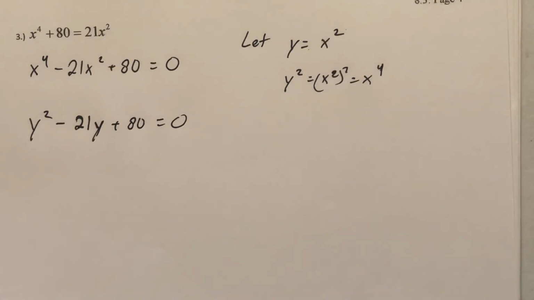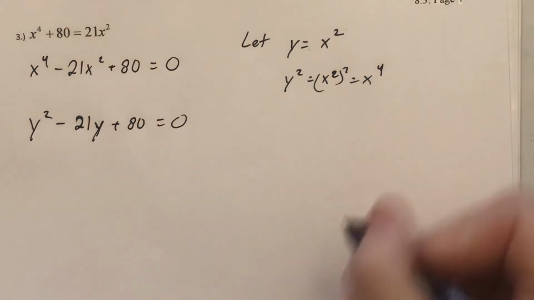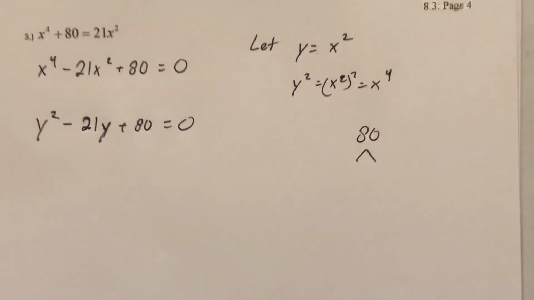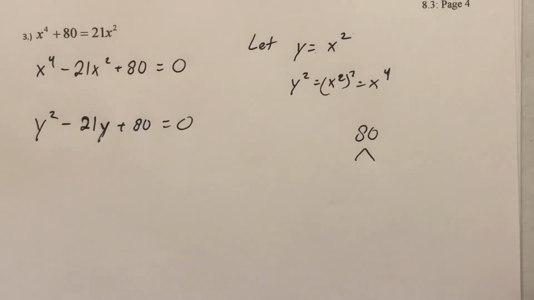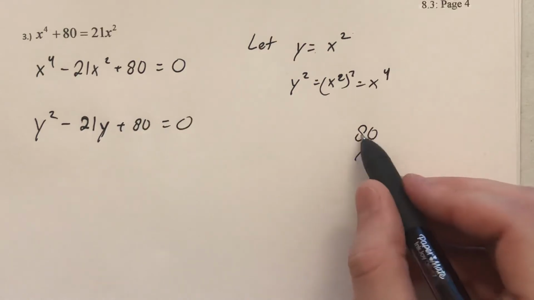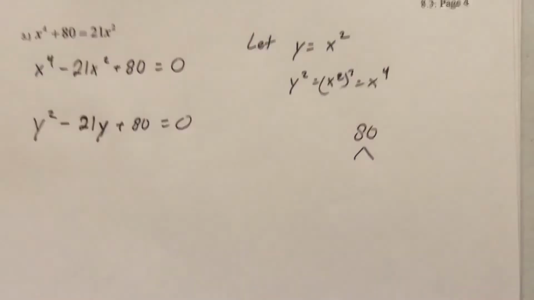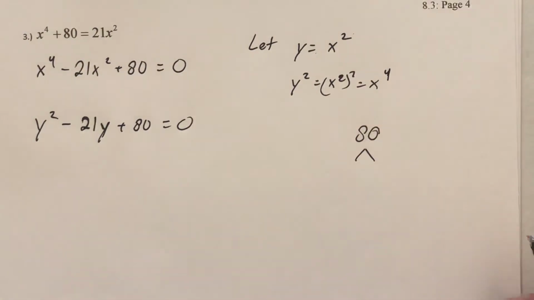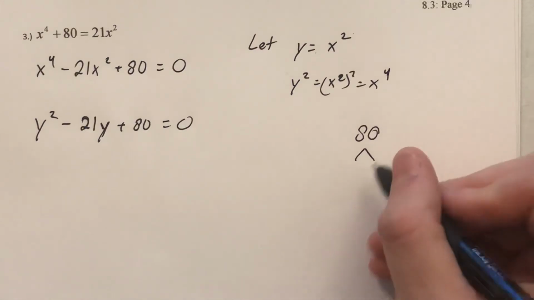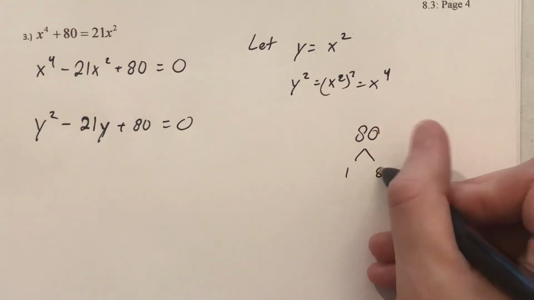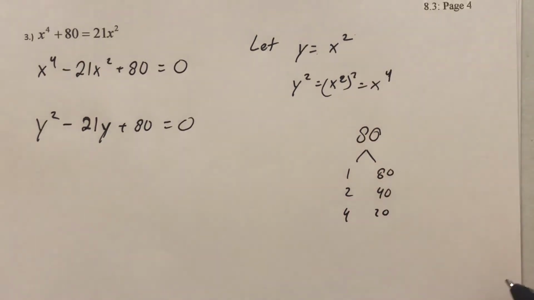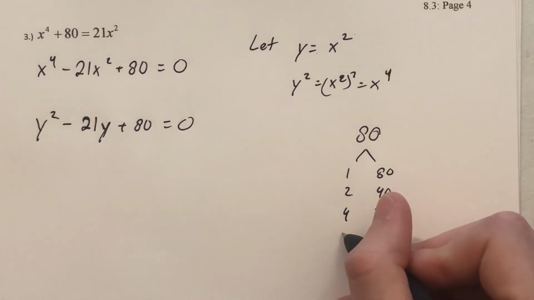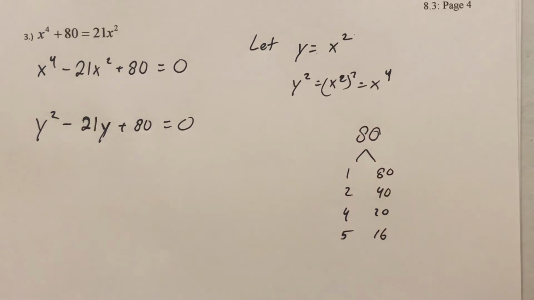And now we have a y squared, y, no y. And in fact, it's an easy case where we're just looking for numbers that multiply to positive 80 and add to negative 21. So positive 80 means they're going to be same sign. Negative 21 means we're going to need to be both negative. So what do you think here? What's looking good? 1 and 80, not so much. 2 and 40, no. 4 and 20, no. 5 and 16 is looking pretty good.